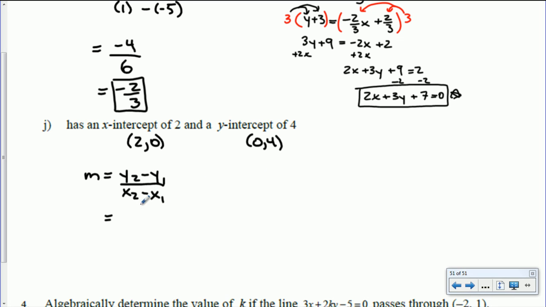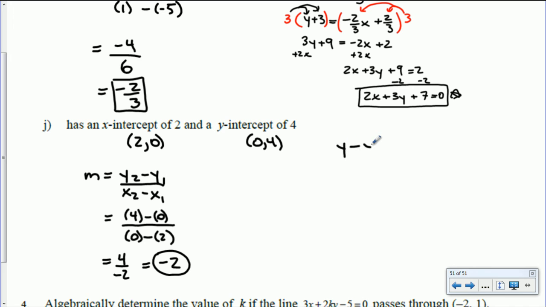This would be 4 subtract 0, divided by 0 subtract 2, so that'll be 4 divided by negative 2, which reduces to just negative 2. So that's the slope I need, and let's use point-slope form.